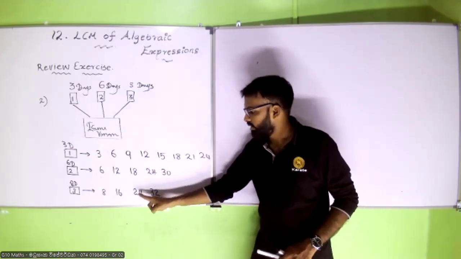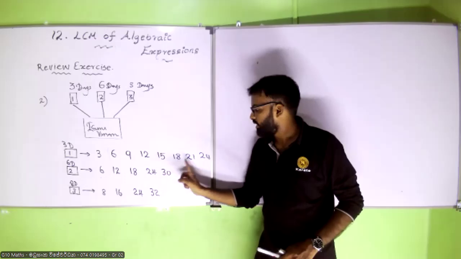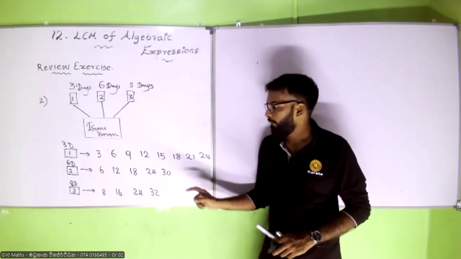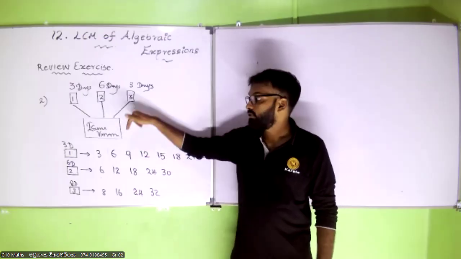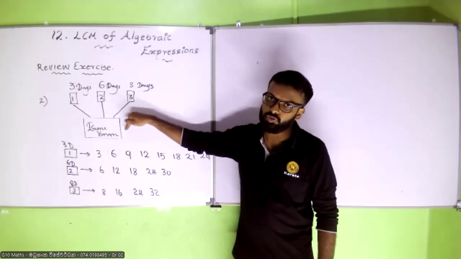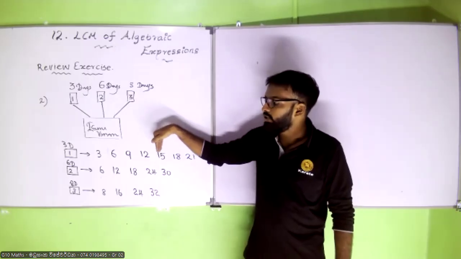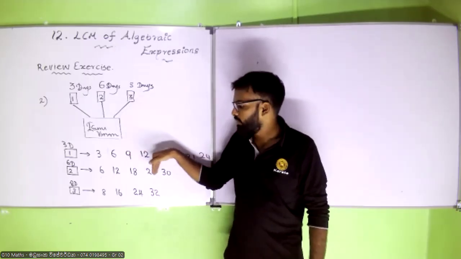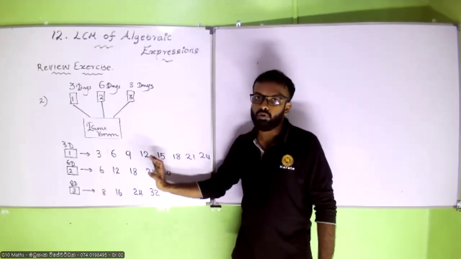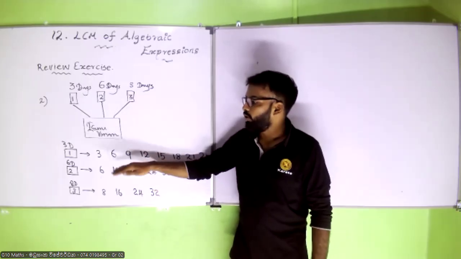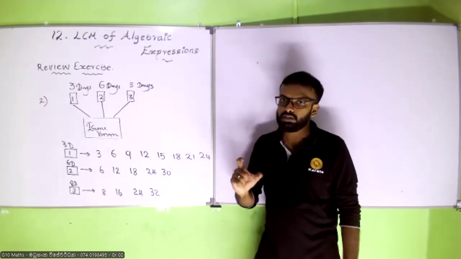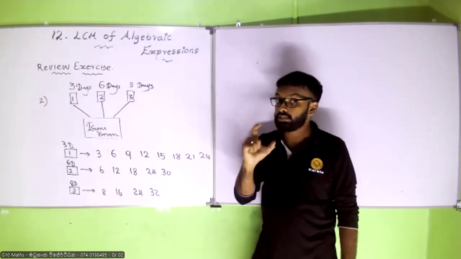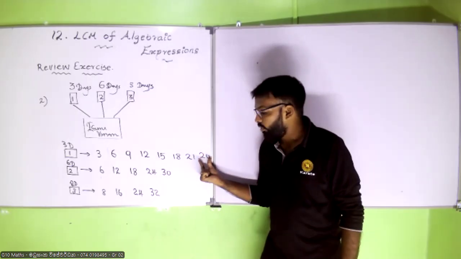On this particular day, the 24th day, all three vans are arriving at Isuru. No smaller number can be found before 24 where all three vans come to this place. So the smallest day will be 24, right?